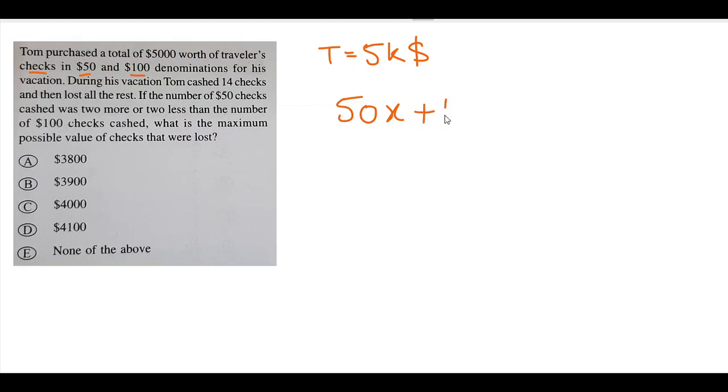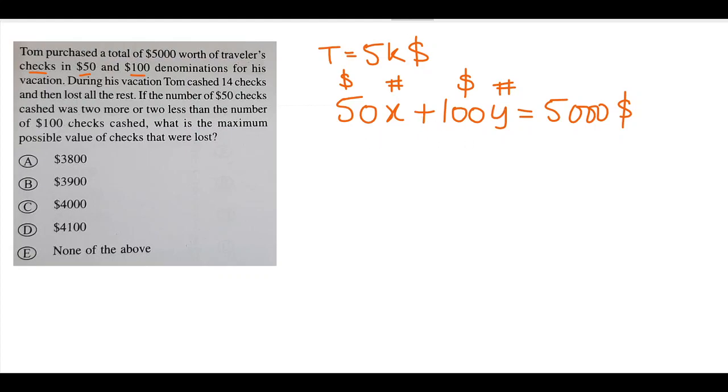And then there are Y number of checks which have a $100 value assigned to them, and they are adding up to give me 5K dollars. So let's be a bit specific about the units. This is a dollar value, this is a dollar value, and X and Y are numbers, quantities.